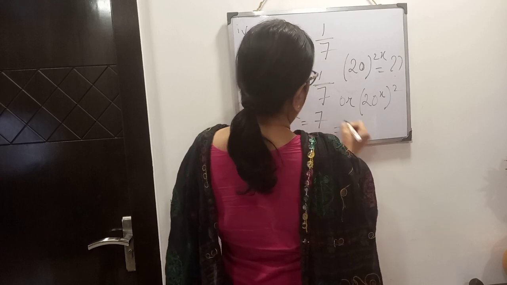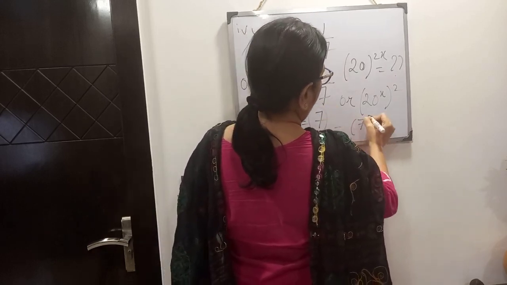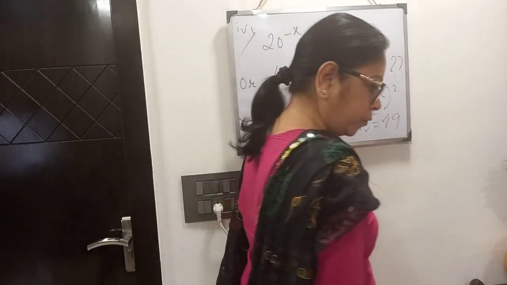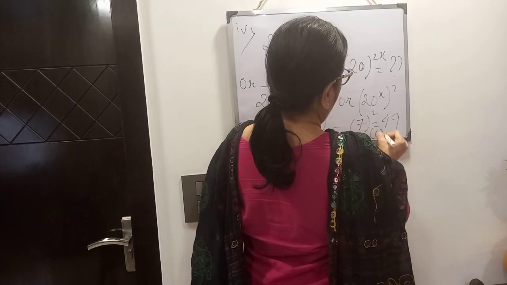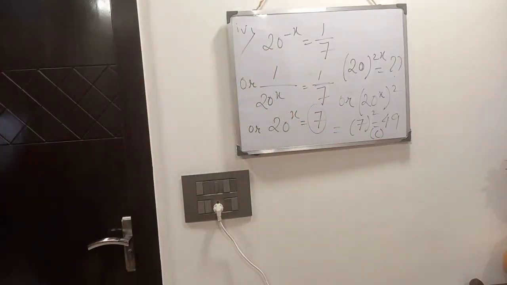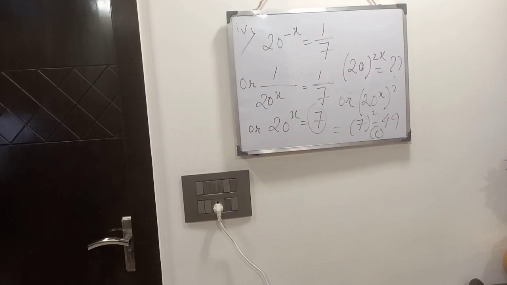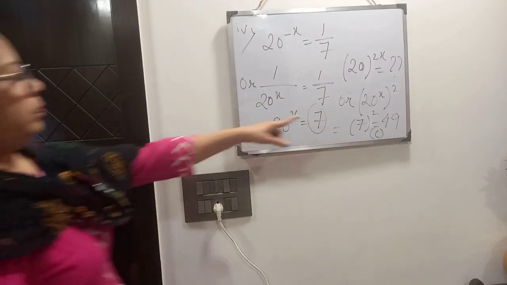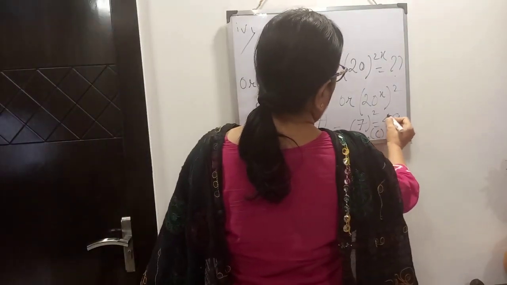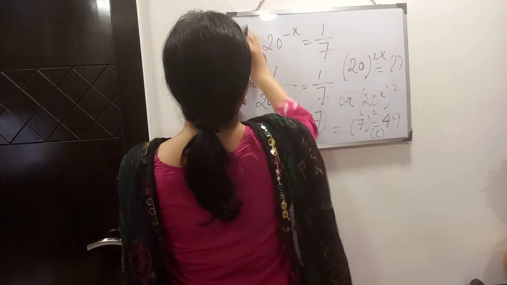Okay. Now 20 to the power x value is 7, so it equals 7 square, that means 49. Your option is C. Clear? This is sum number 4. Option is C.